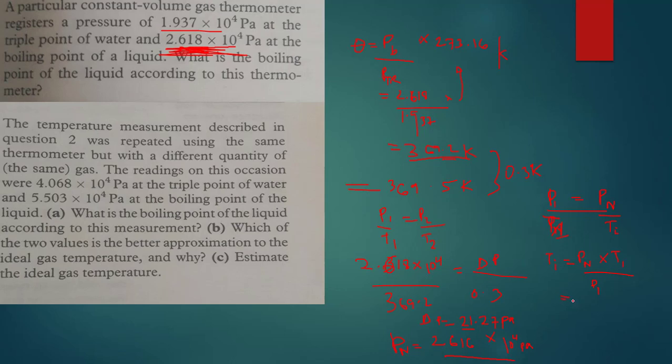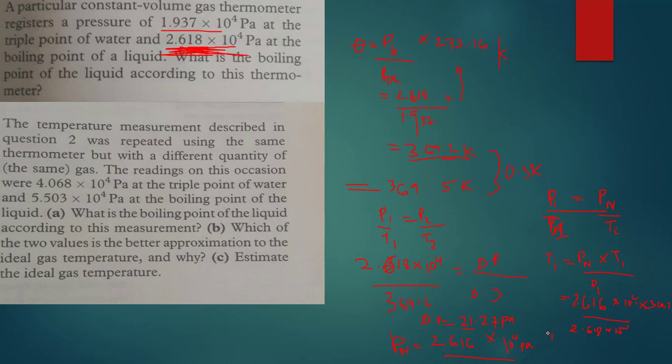We know P new is 2.616 times 10 power 4, times temperature 1, which we said here is 369.2, divided by pressure 1, which is 2.618 times 10 power 4.